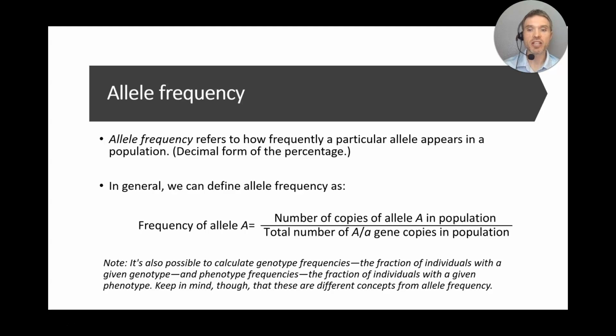The allele frequency of A is the total number of A alleles in the population divided by the total number of alleles present in the population. So we need to add both the dominant alleles, the big A, and the recessive alleles, the small a, and that will give us our frequency of that particular allele.